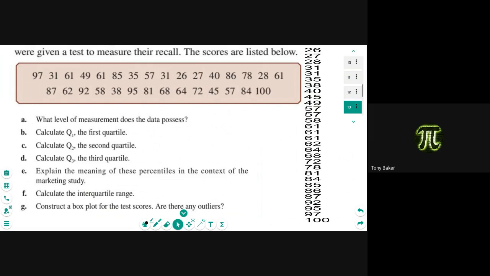So find me Q1, Q2, Q3, interquartile range, and then make me a box and whisker plot and tell me if there's any outliers. One step at a time.